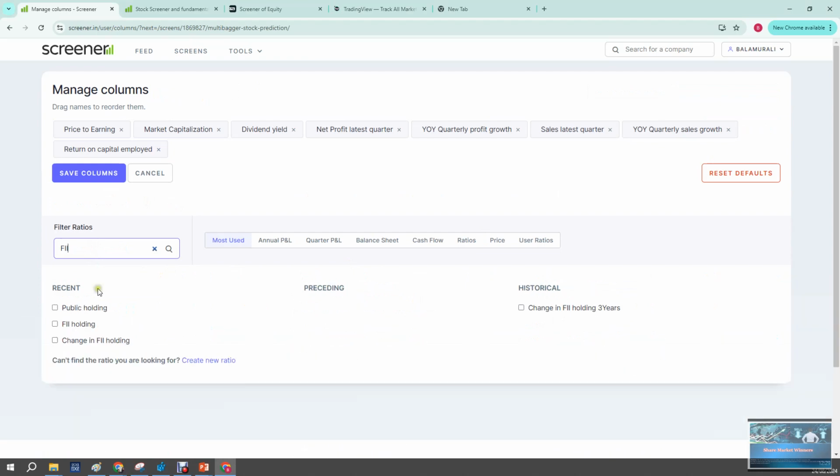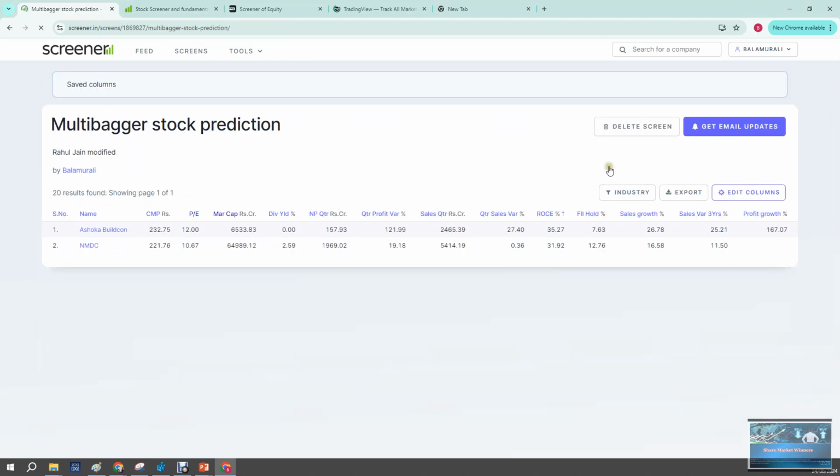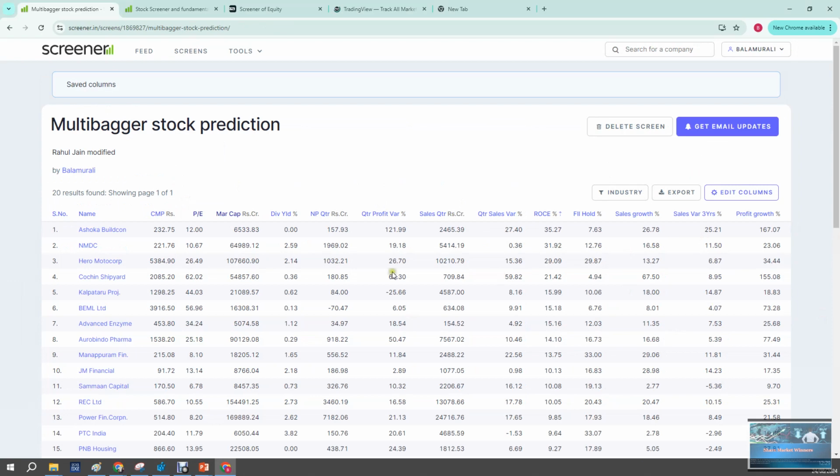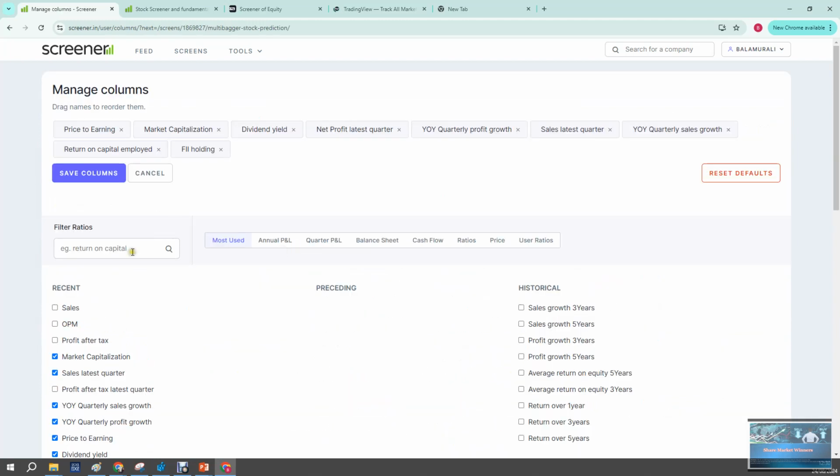Accordingly you can see the columns in the results. So those will give you further helpful updates to understand your results. Let's say for NMDC, there is a 12% stake which the FIIs are holding. To know what percentage of FIIs are holding some of these stocks, it will be helpful. And similarly, if you wanted to know DII, you can edit and add DII as well.